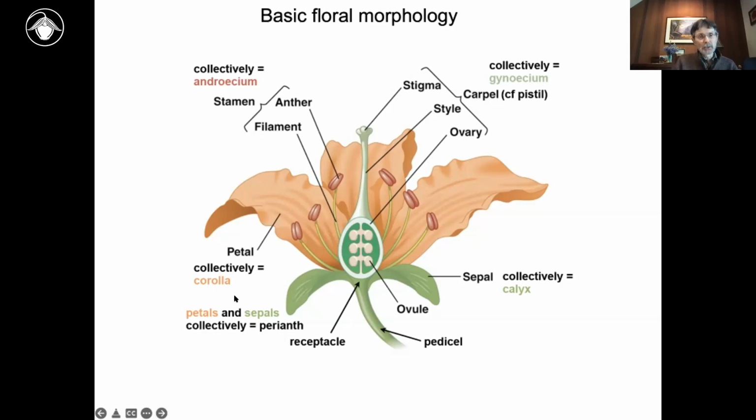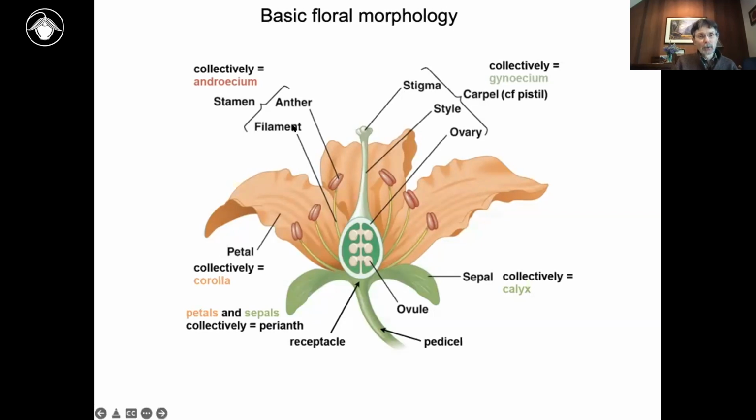And then the petals and sepals all taken together, that is all these sterile appendages of the flower, are collectively called the perianth. And some people refer to the perianth as tepals, T-E-P-A-L-S, if the petals and sepals all look the same, but we don't use that term in the Jepson resources. But if you ever encounter it, that's what that means.